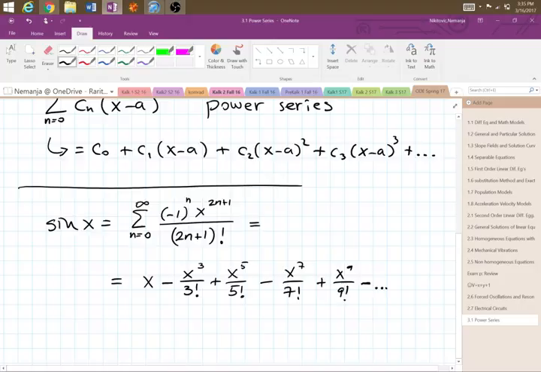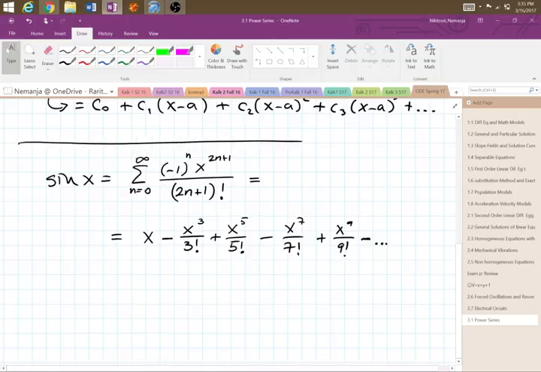And the reason is that our original function sine x has x as the first term. So in some sense, that first term carries most of the function.